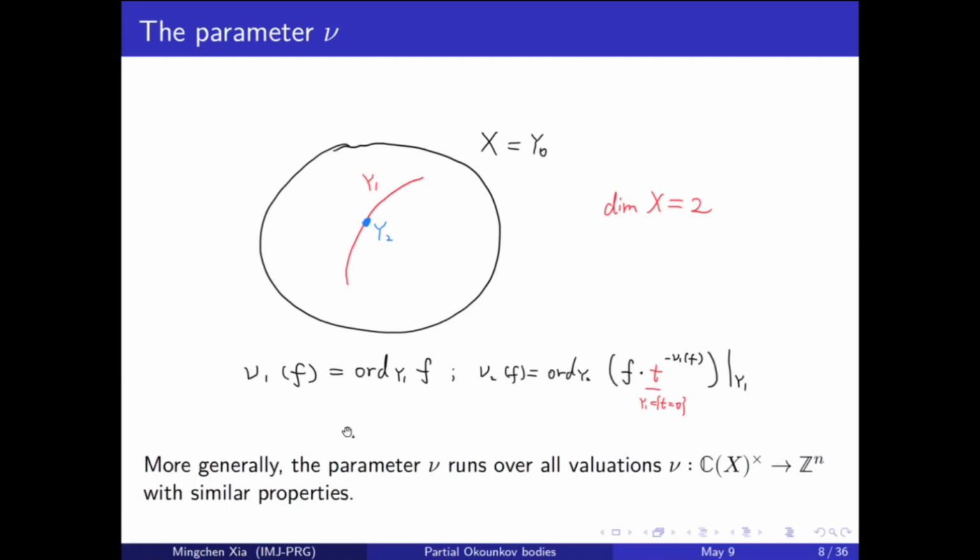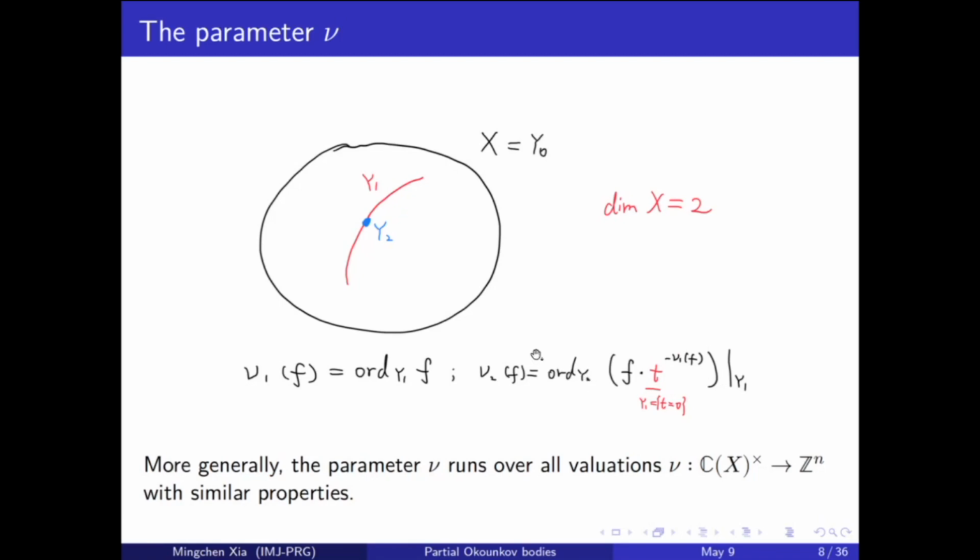And we remove the vanishing part of f along Y1 so that we get some function which can be restricted to Y1. So we are taking f times t to the minus nu1 of f, where t is the local defining function of Y1. And we restrict the rational function to Y1 so that we get a rational function on Y1. And then we can take the order of vanishing of this rational function on Y1 along Y2.